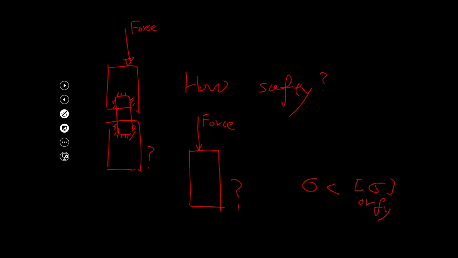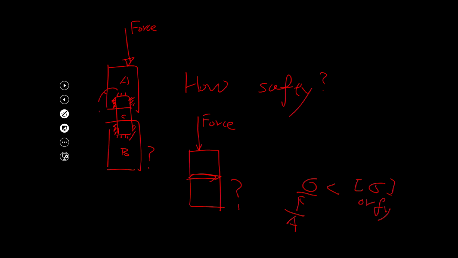Because this is separated into two parts, almost three parts. The first part is here and here and here: A, B, C. For this one, calculating the sigma is very simple: F over the cross section A, right? For this one, we should calculate the force separated from here to here, right?